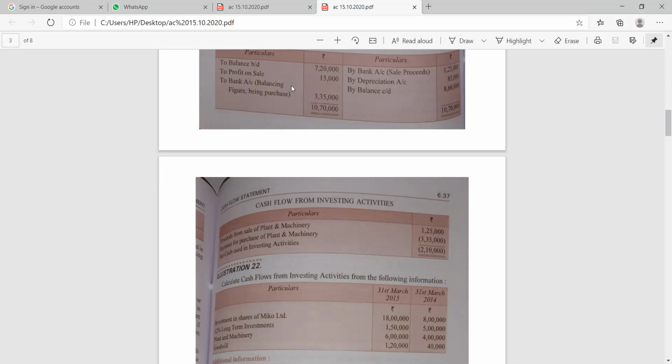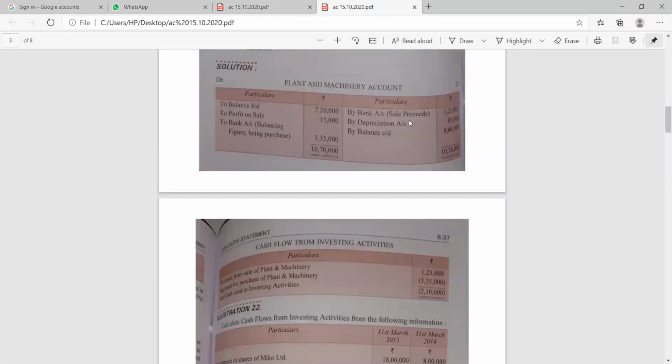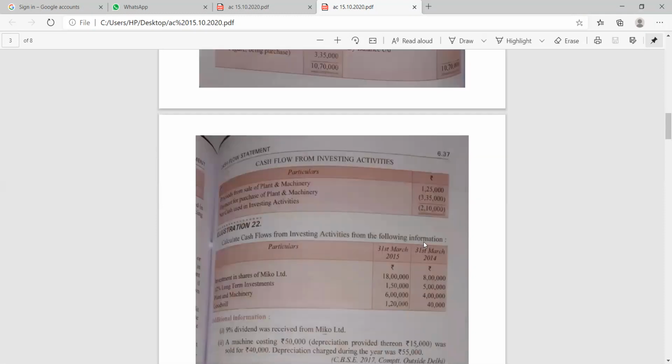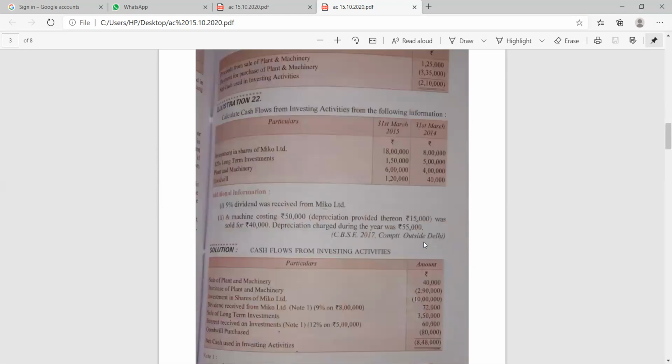So out of this plant and machinery account, only the entries related to investment by selling proceeds or by purchasing, sale and purchase of fixed assets, are to be considered while preparing the cash flow from investing activity, while the profit or loss on sale of assets as well as the depreciation is always shown while calculating cash from operating activity. I hope this concept is clear to you, how the plant and machinery account is to be prepared.